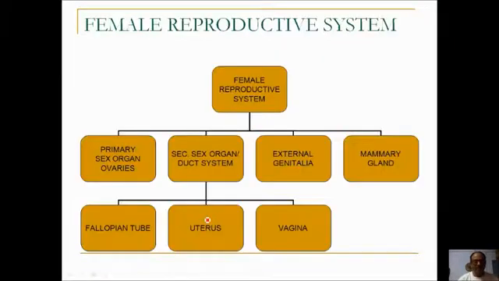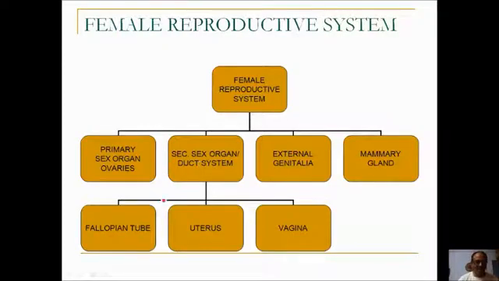Now as we move forward, the second important part is the female reproductive system. The female reproductive system is again divided into the primary sex organ, like in the male it was the testis, and in the same way in the female it is the ovary. Then the sex organs or duct system, the external genitalia and the mammary glands.